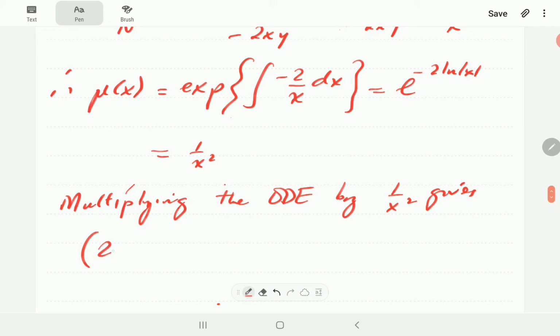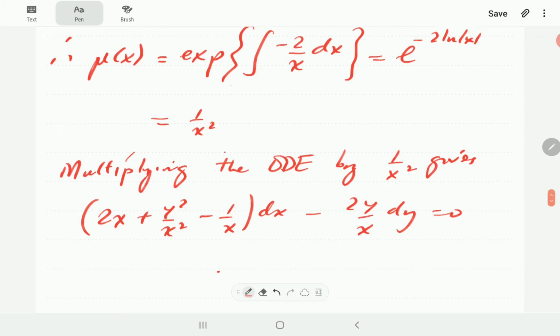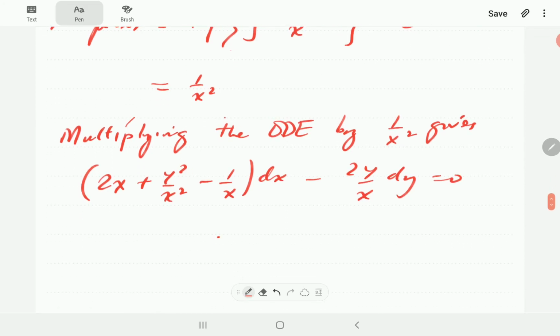So that's going to give us 2x plus y squared over x squared minus 1 over x dx minus 2y over x dy equal to 0. So that is our new ODE now.